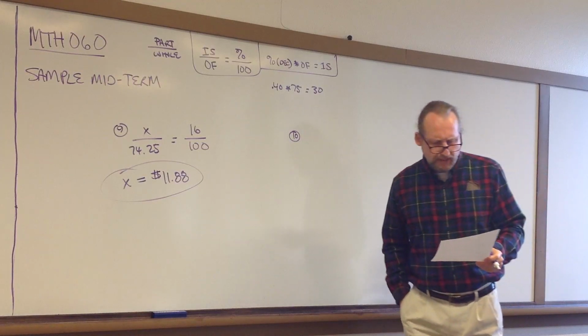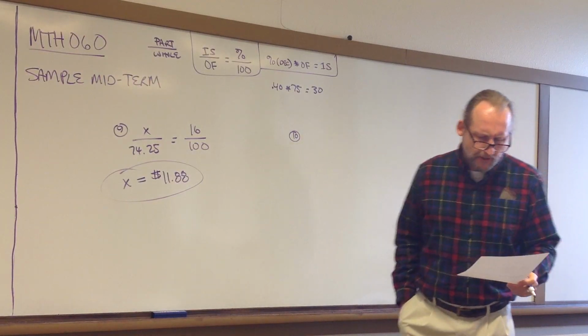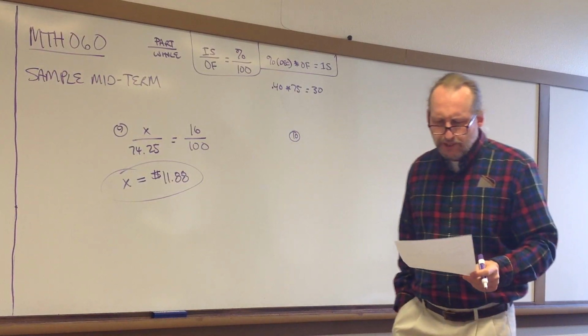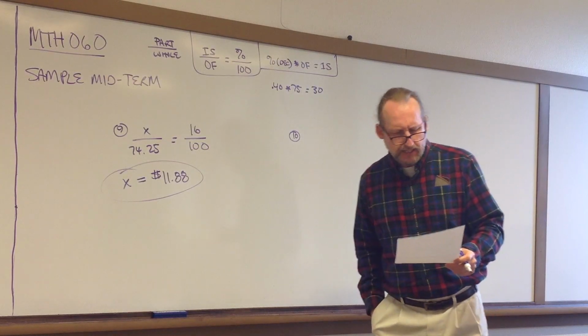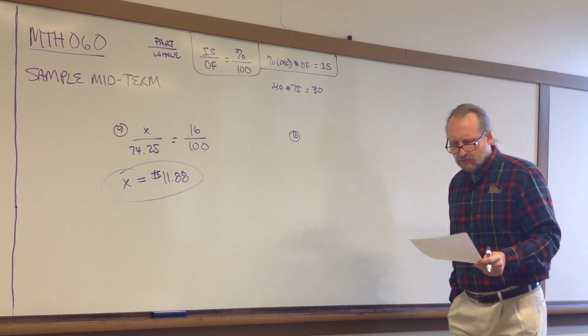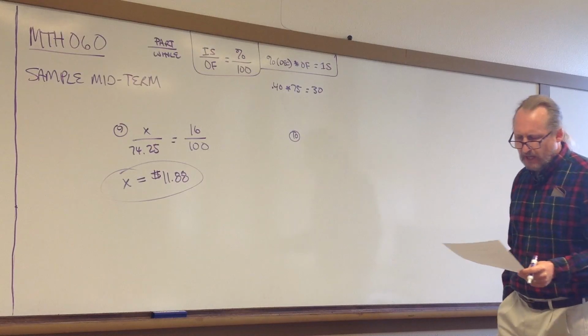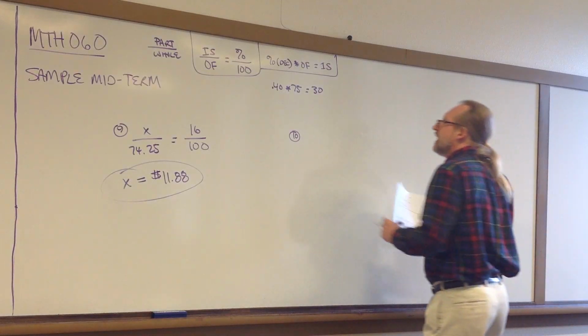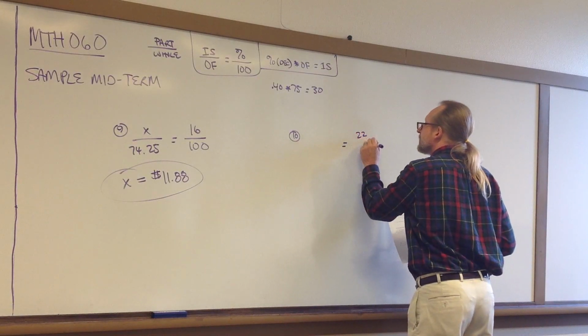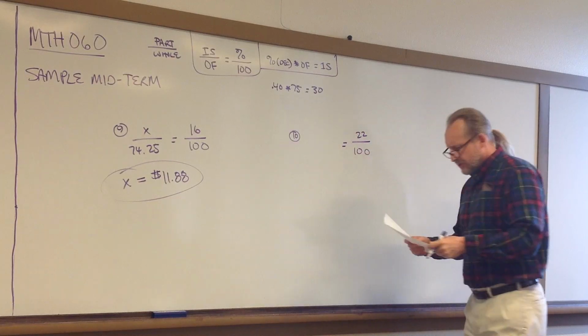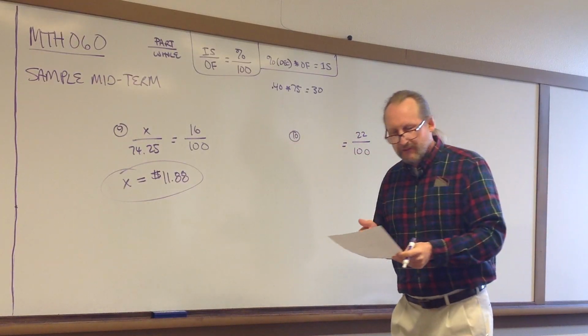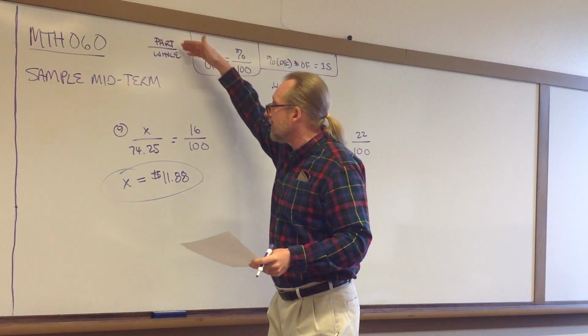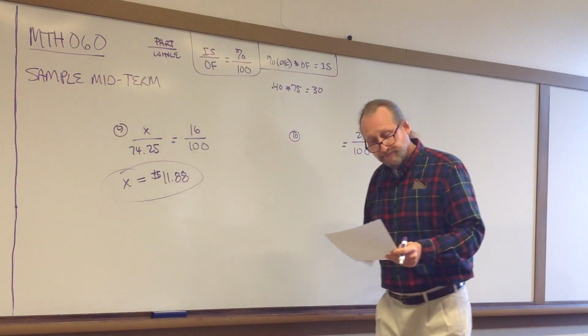1 serving of trail mix contains 67 grams of carbohydrates. This is 22% of the recommended daily amount. What is the total recommended daily amount for carbohydrates? All right, well again, we've got the percentage, that's 22%. Now the question is this 67 grams of carbohydrates, is that the part or is that the whole?